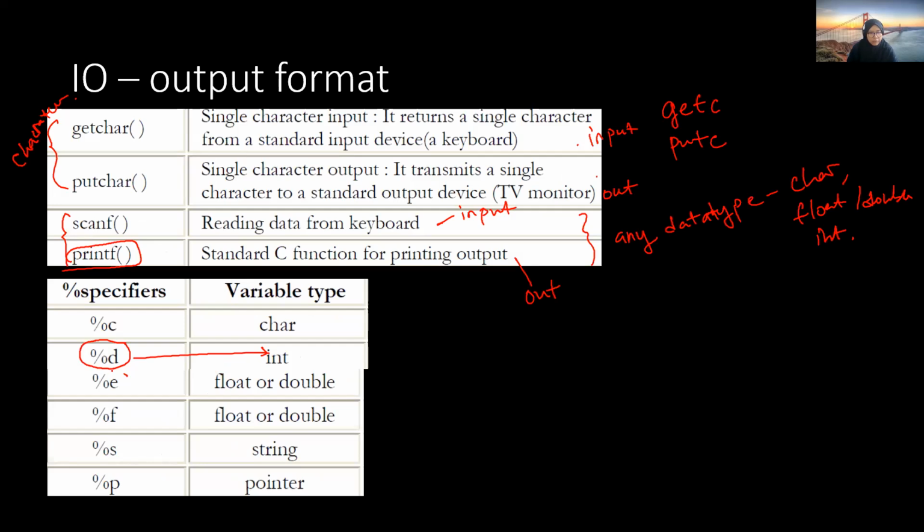And if it's a float or double, you can use both. It doesn't matter if it's a double or a float, you can use either E or F. It's not a problem. Unless you put D for a float data type, then it will recognize it as integer. So it will not recognize the float data type.